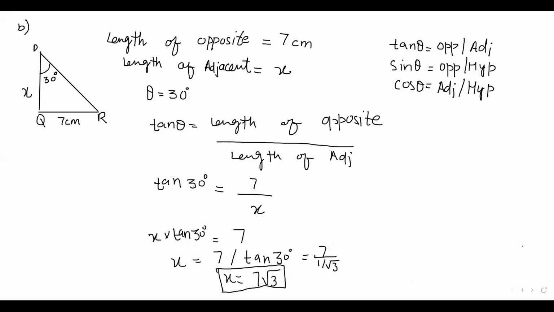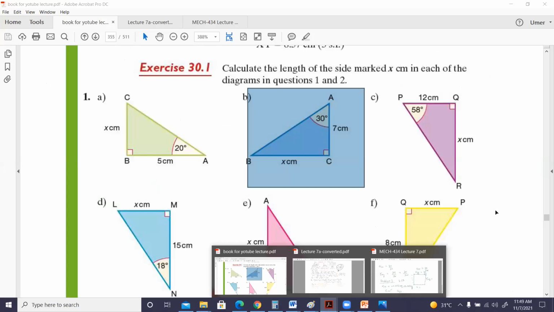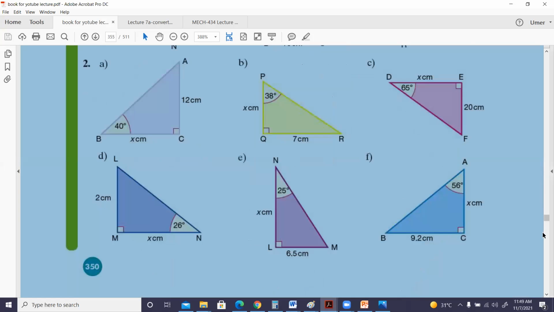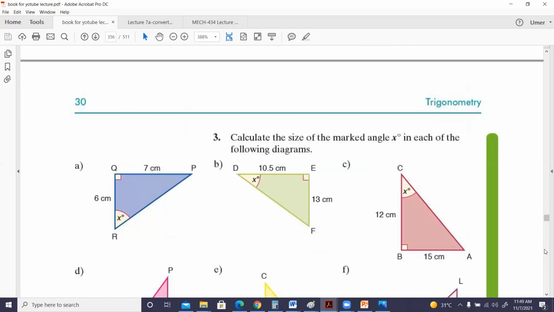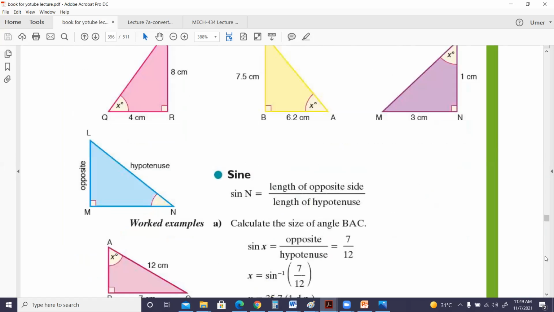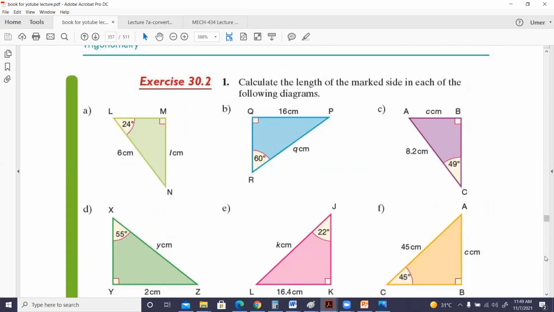So it is the answer. Moving on to the next question. I will have to share the screen so that you can see the book. Now I will be solving a question that involves some different formula.